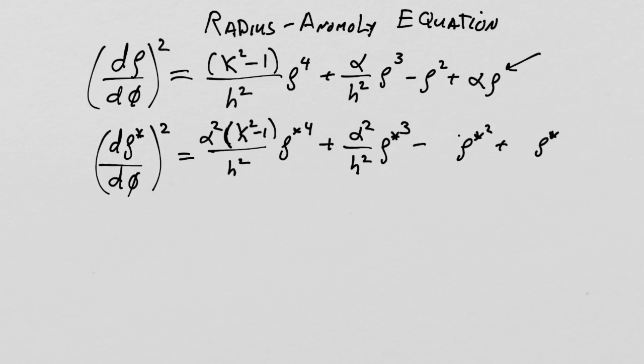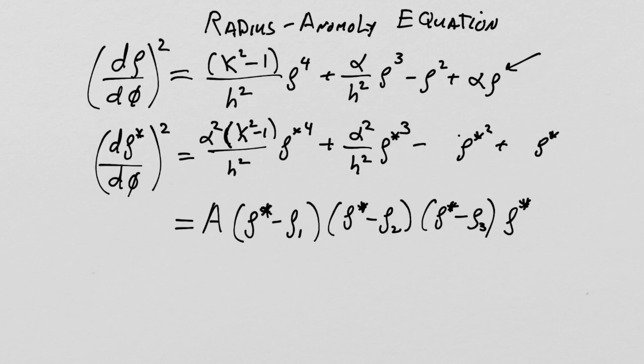And let me just make sure I get rid of that little speck over here so it doesn't look like this is anything but a lone rho star. Now we could change the form of this equation into this form, right? We could simply say, well, look, this is a fourth order polynomial with no constant term. So I can factor out a rho star, and I'll be left with a cubic behind, and I can presume that that cubic has solutions, real and complex.